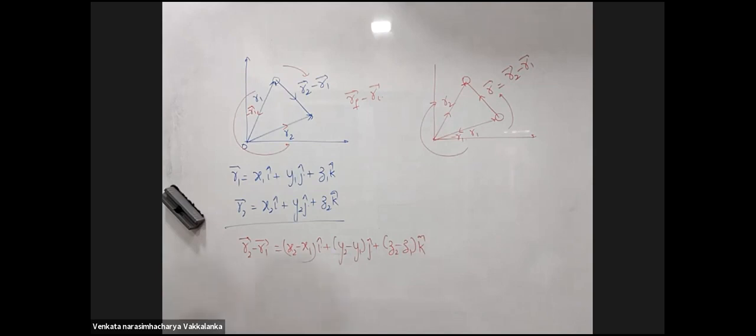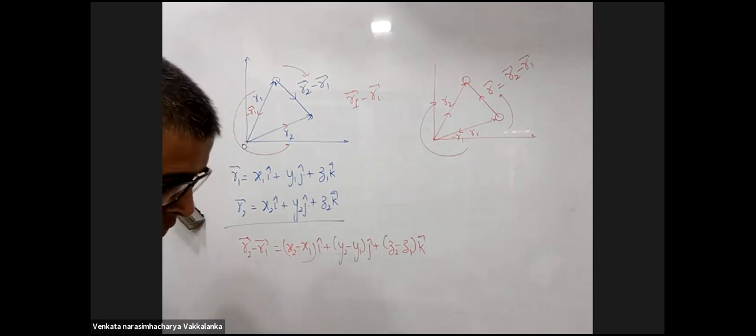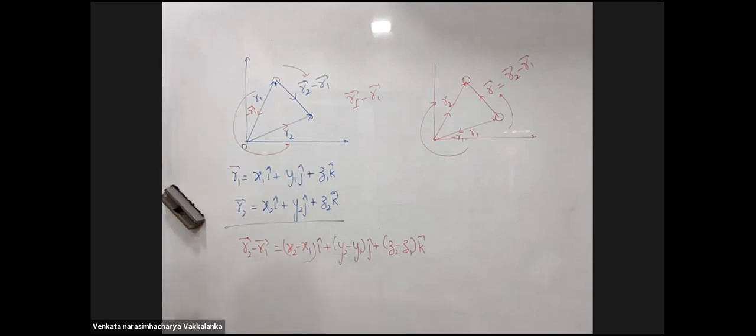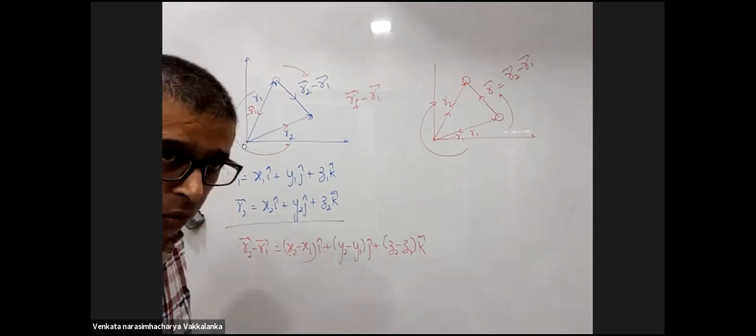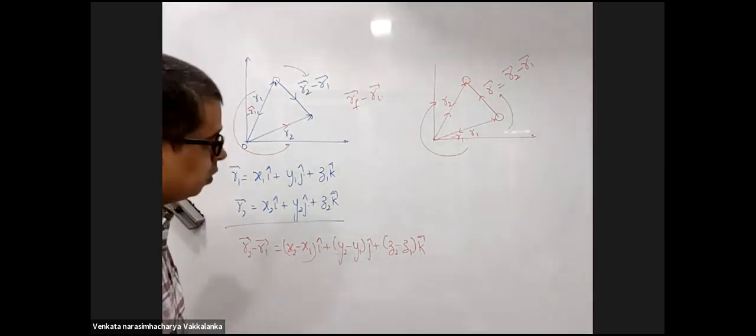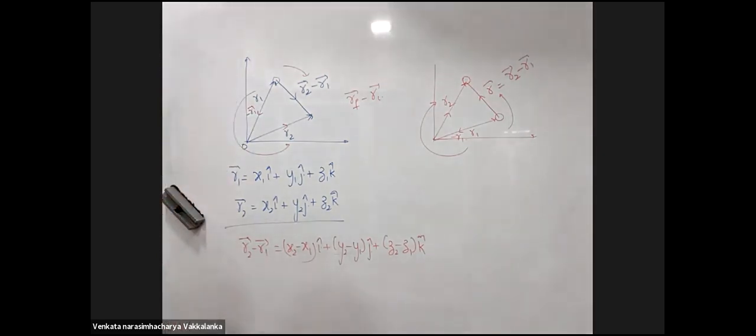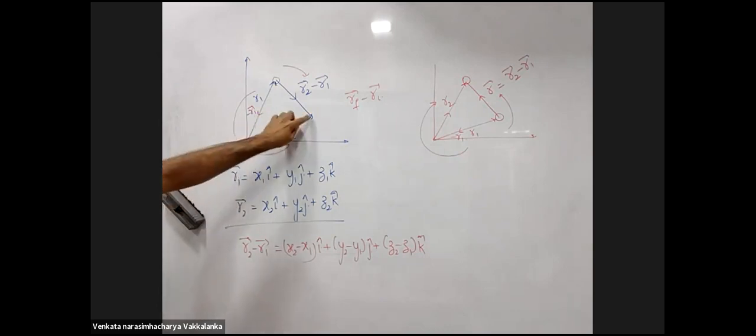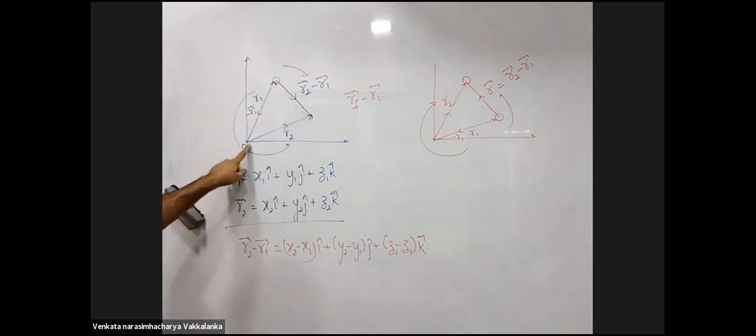Sir, when we subtract R1 from R2, R2 minus R1, the value which we get is not the position vector, or is it still? That is the position vector with respect to the origin. You are telling me the coordinates with respect to the origin.